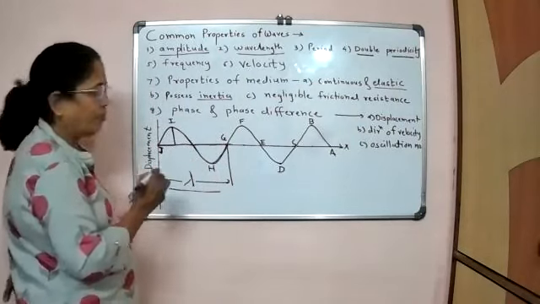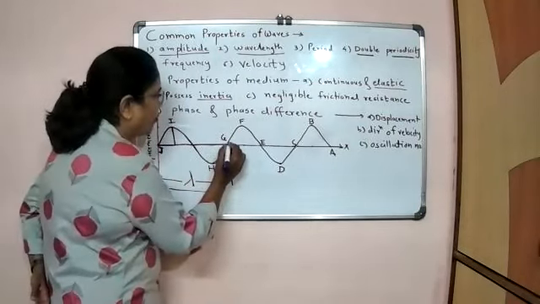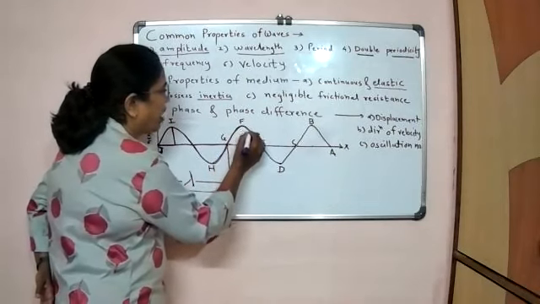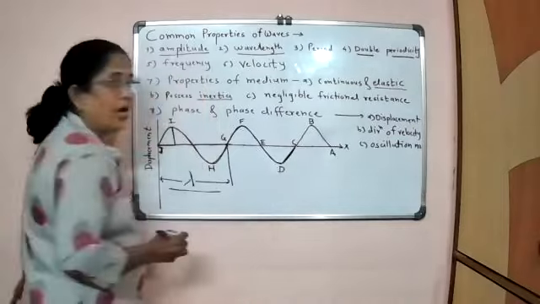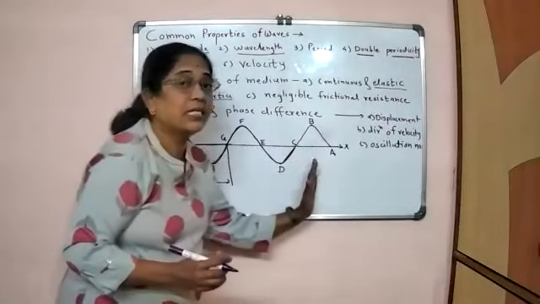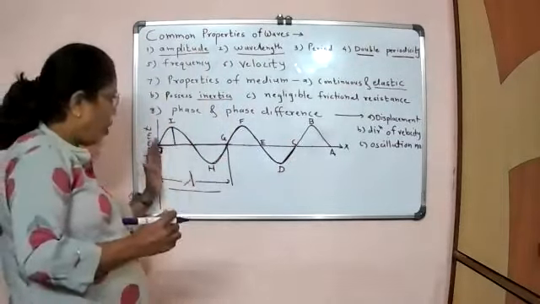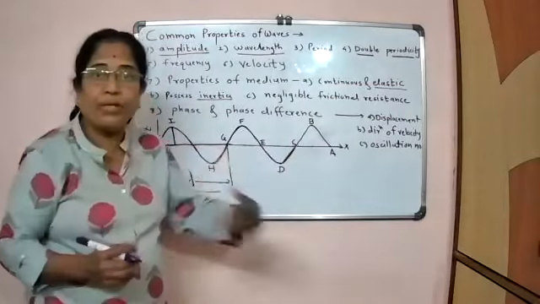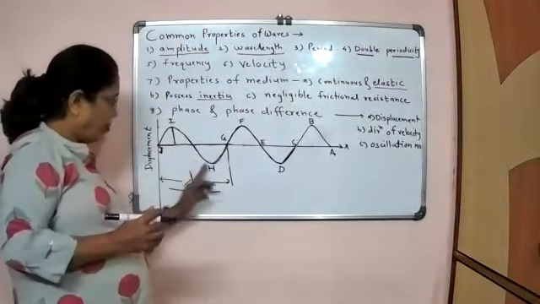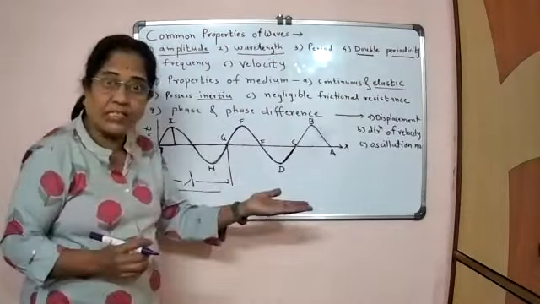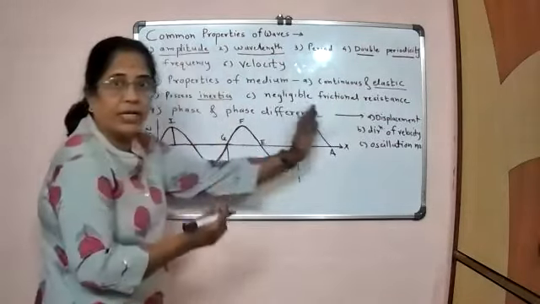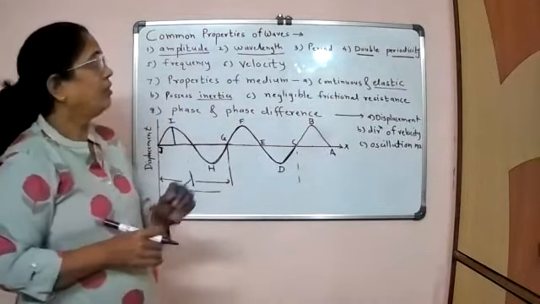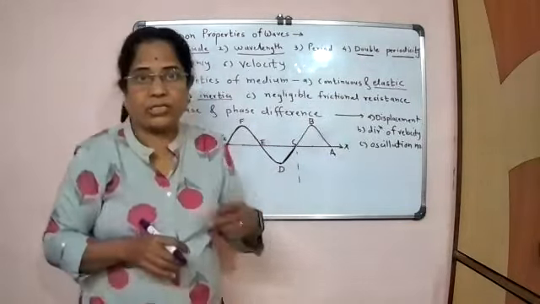This form of the wave repeats itself after equal distances. So this is single periodicity.